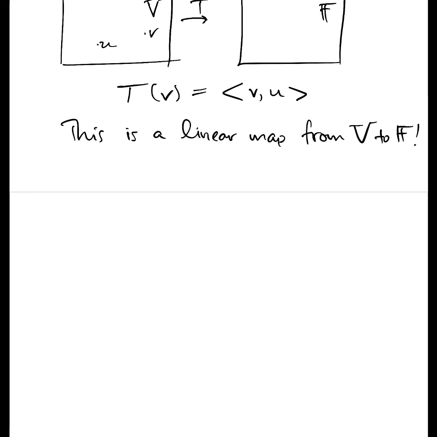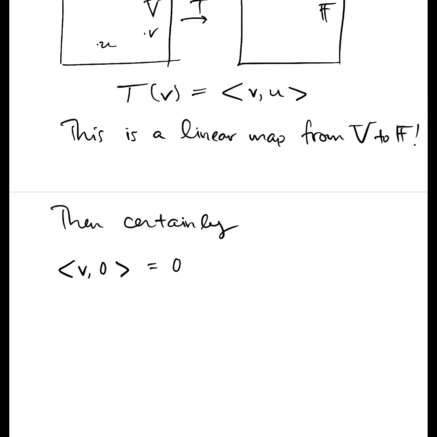So for example, if you're interested in V inner product with 0, well, that's got to be 0, because linear maps send 0 to 0.